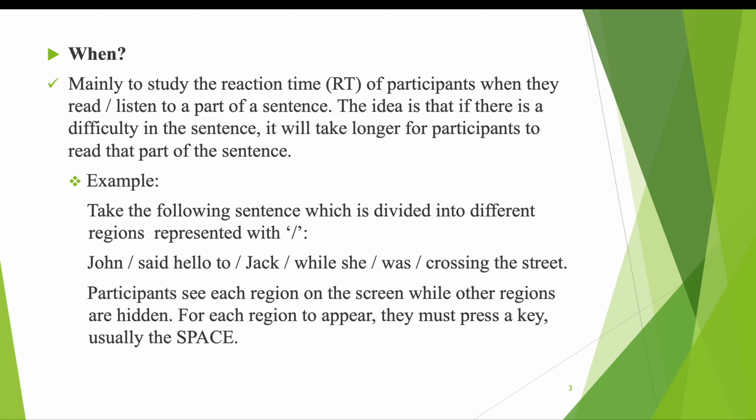For example, they see first John on the screen, but other regions are hidden. And then for each region to appear, they must press a key, which is usually the space bar on the keyboard. They press the key and then they can read the next region. So this is how it works.